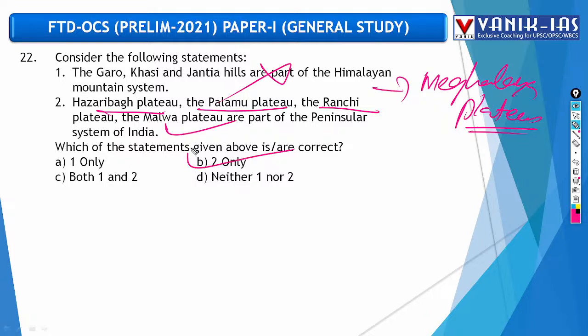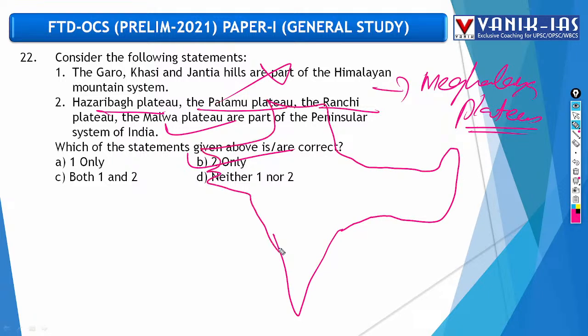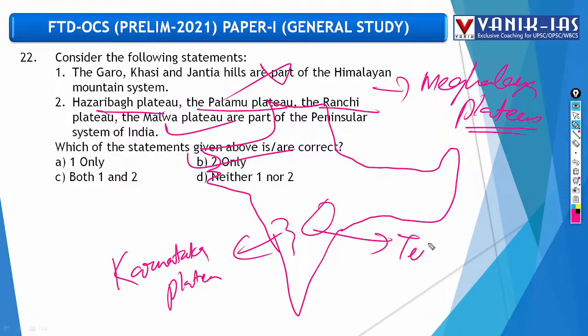See, suppose this is India. Here is your Karnataka Plateau. And here is your Telangana Plateau. Then the Dandakaranya Plateau.